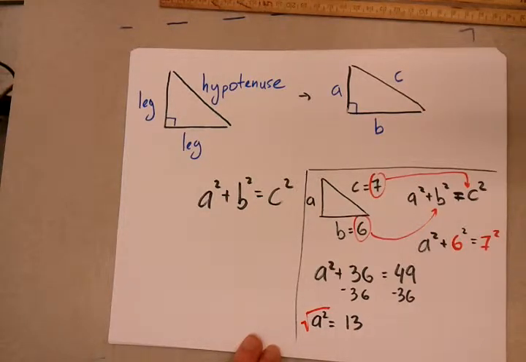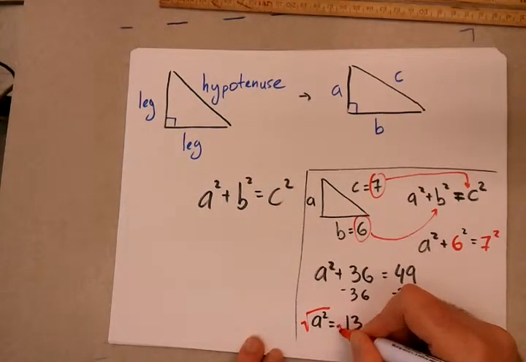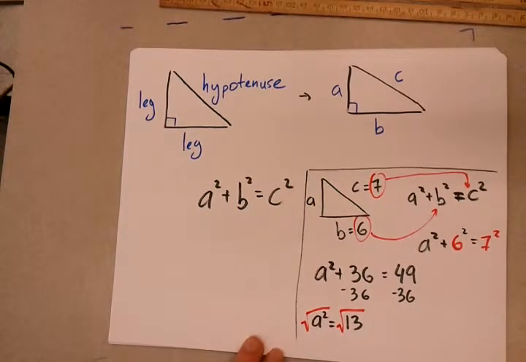Perfect, except I have to balance this equation out. Whatever I do to one side, I have to do to the other side as well. It's a mathematical requirement. You can't do something to one side of the equation without doing the same thing to the other side, because otherwise you're fundamentally changing it. We don't want to change it. We just want to get rid of that power of 2 on the A. So we square root both sides: the left side to get rid of that power of 2, the right side to balance out the equation.